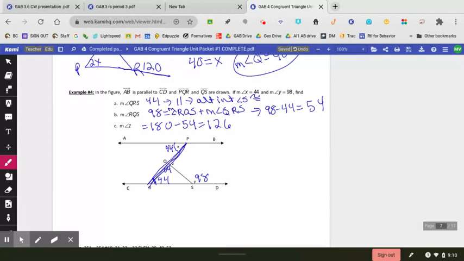Then to find RQS, that's that top angle next to 2, that's a remote interior from angle y. So I said 98 is equal to RQS plus QRS, so it's 98 minus 44 gives me 54. z is on the other side, they're a linear pair. 180 minus 54 is 126.